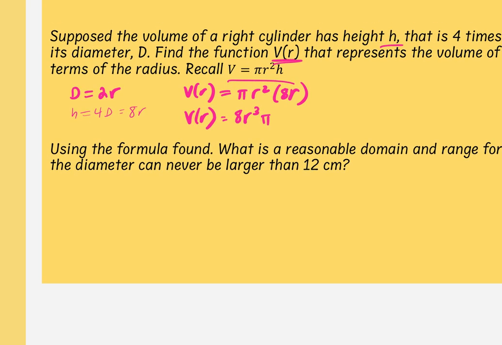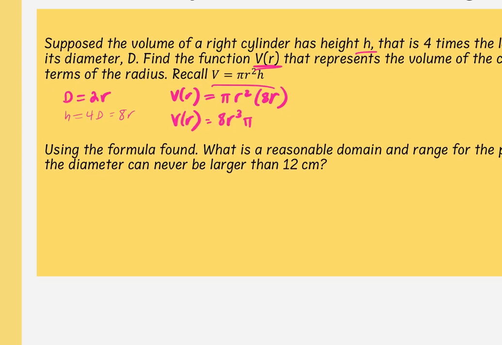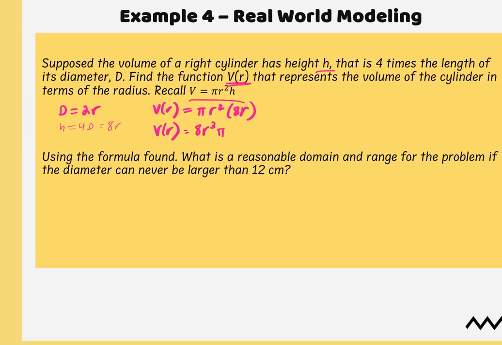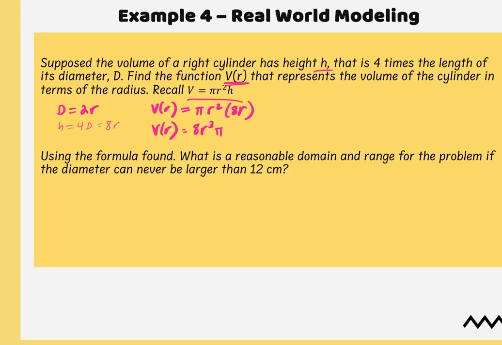All right, then the next part says, using the formula found, what's a reasonable domain and range for the problem if the diameter can never be larger than 12 centimeters? So what does that restrict? This is in terms of radius, right?